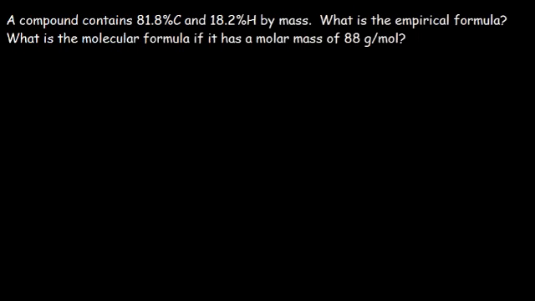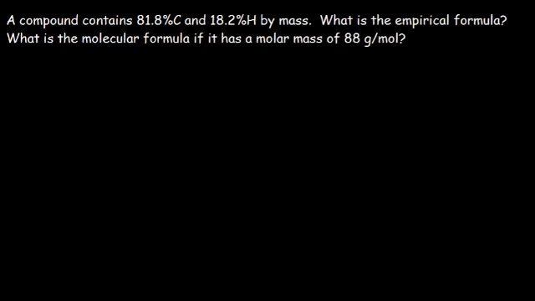Let's try another problem. We have a compound that contains 81.8% by mass carbon and 18.2% hydrogen. So we have the percent composition. How can we use that information to find the empirical formula? If you're given the percent composition, since it's based on mass, you can simply convert it to grams.